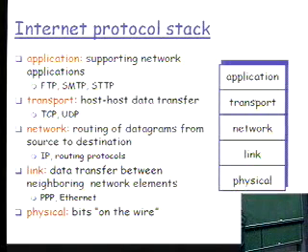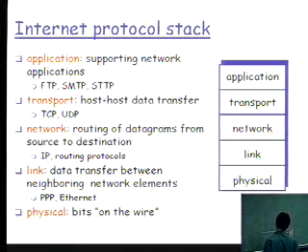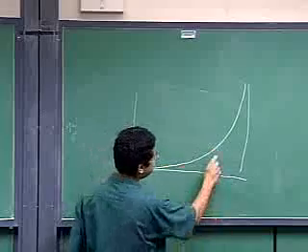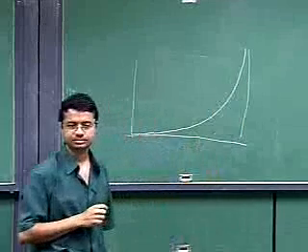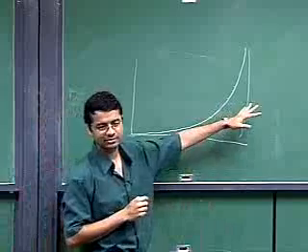So if we go back to the figure where your queue size grows like this, or your queuing delay grows like this, what TCP does, and we'll see how it does that, is start sensing when we are reaching this portion of the queuing delay curve.